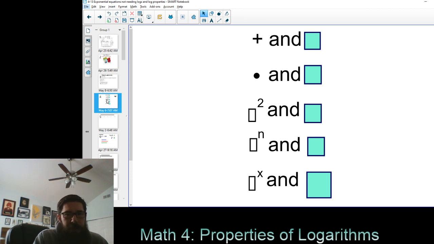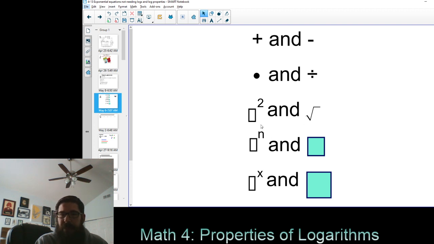I want you to think when looking at this, what do I mean by an inverse operation? If I ask what's going to go with addition, what's its inverse operation going to be? Subtraction. Multiplication? Division. If I have something squared and I were to undo that, what's its inverse operation? Square root.